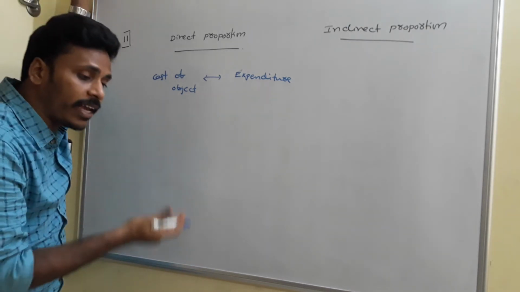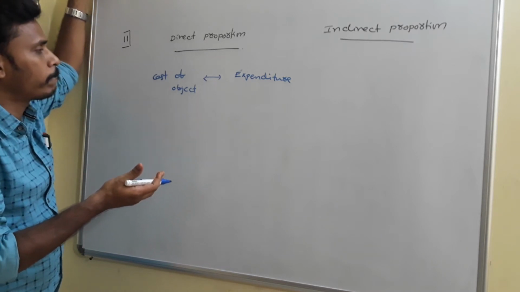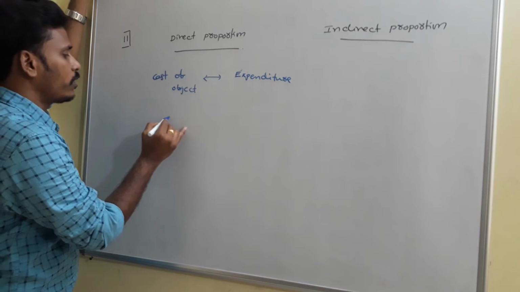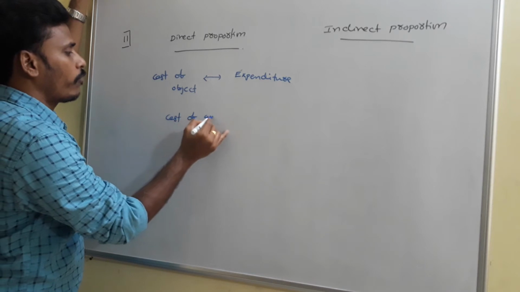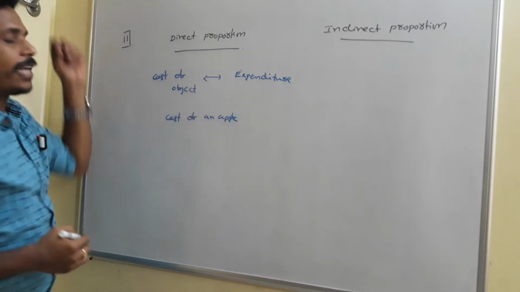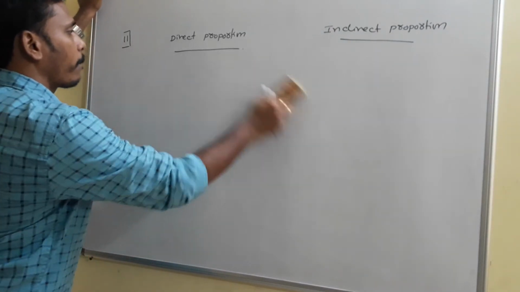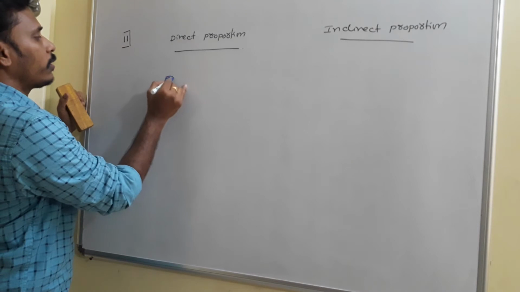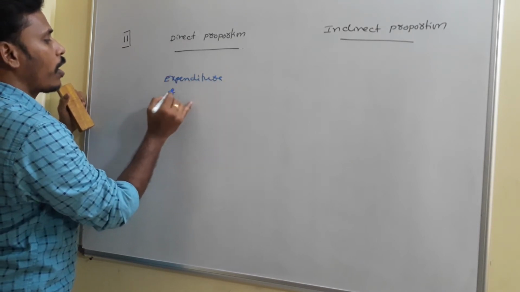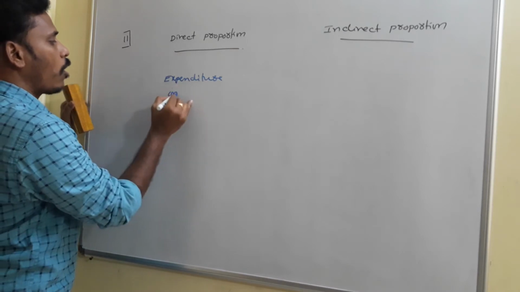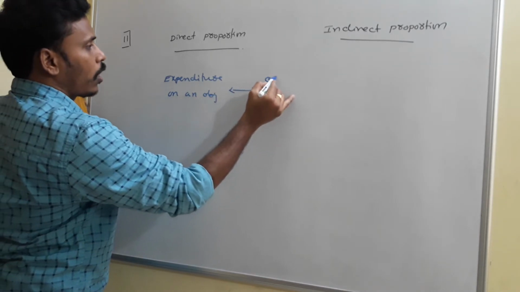If the cost rises, see what will happen? You need to think about it. For example, as per our example, we need to mention not the cost of the object. Yes, the expenditure on an object is directly proportional to the quantity of the object.